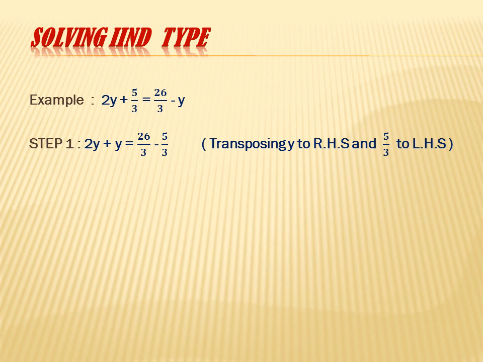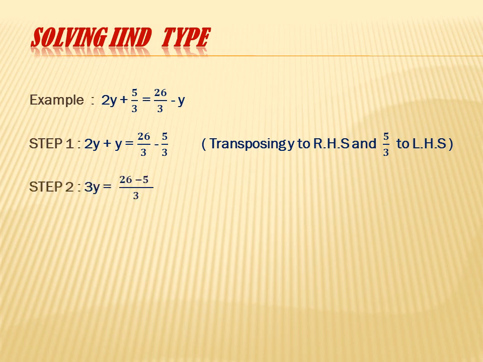Now the same procedure we are going to apply here also. The change in operation: the y which was subtracted on the right hand side will be added here, and 5 by 3 which was added on the left hand side will be subtracted on the right hand side.